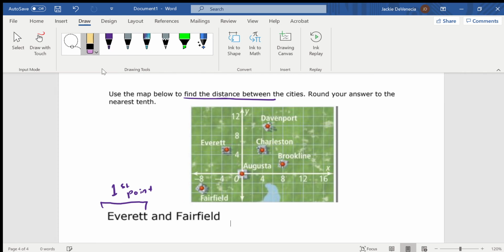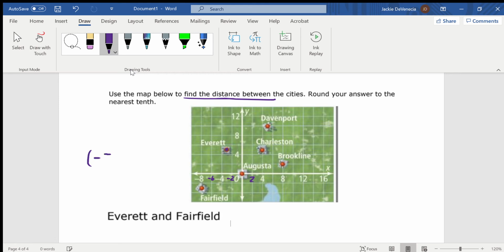So first, before we can answer this, we actually need to find those coordinates. So Everett is right over here, right? So if we notice in the y-axis, it looks like everything is going by twos. -2, -4, -6, right? And Everett is between -2 and -4. And what do we know is the number between these two? Well, -5.